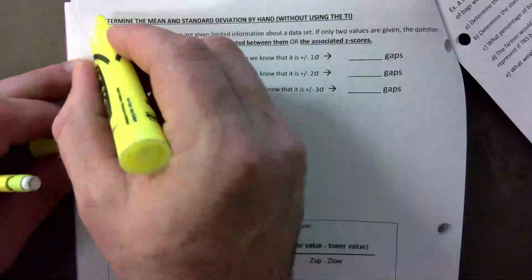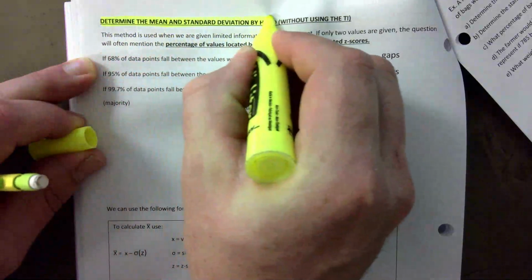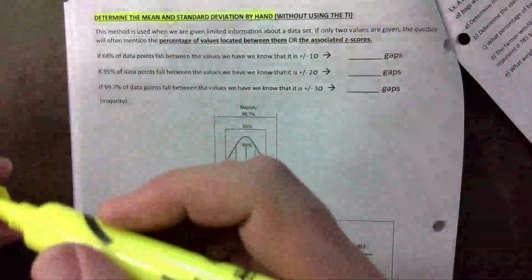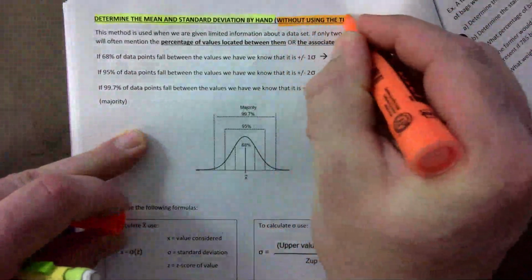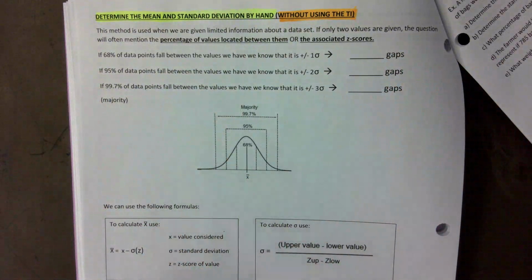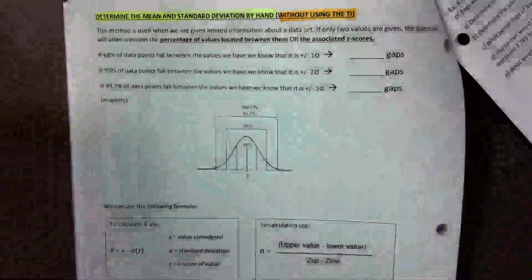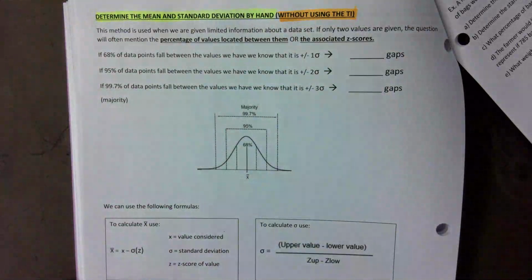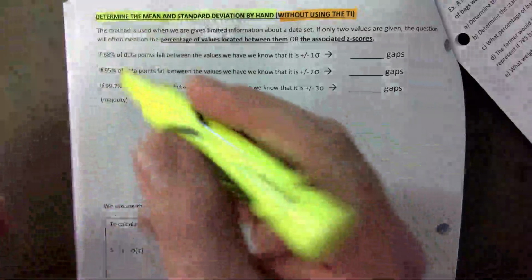This is going to be determine the mean and the standard deviation by hand without using the TI. Okay? So you have instances where you're not going to be given a whole lot of numbers. This is page 51.